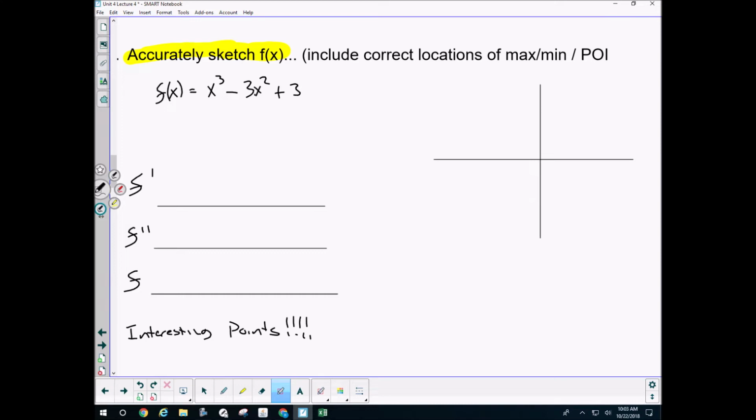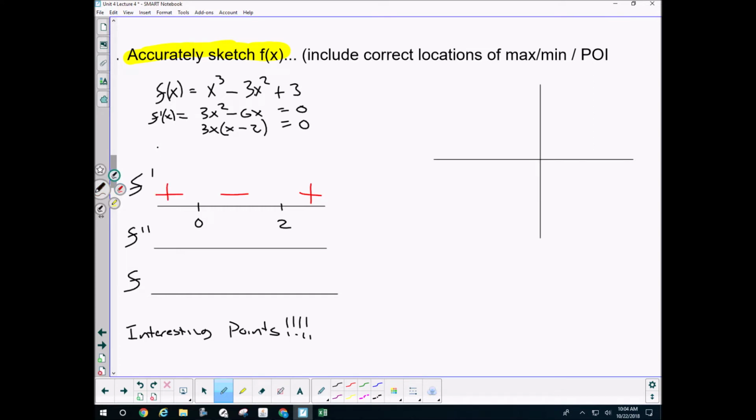So you should have 0 and 2, not 5 and 6. 0 is a solution. We get 0 and 2 for f prime. We'll get positives, negatives, and positives.